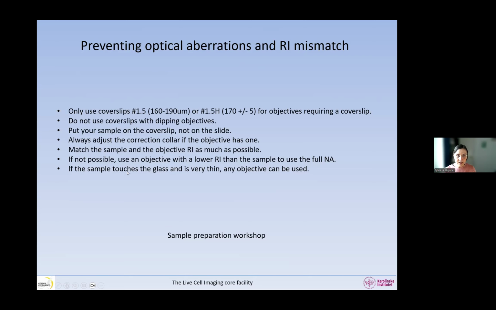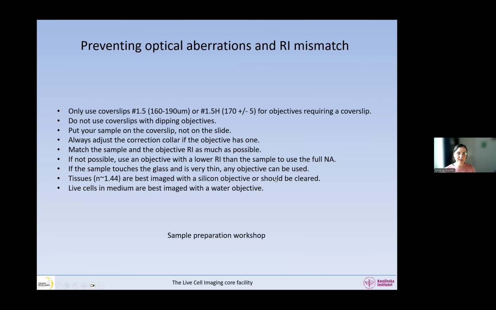If the sample is touching the cover slip and is very thin, then any objective can be used because then we have no refraction. Tissues have a refractive index of about 1.4, so silicone objectives are good. Otherwise, you can clear them and match the refractive index. Live cells in medium are definitely best imaged with a water objective.